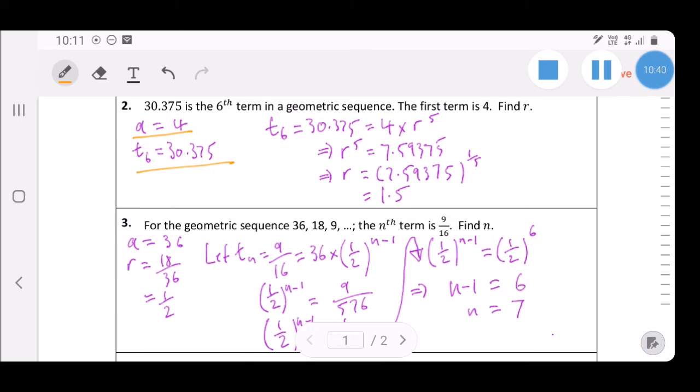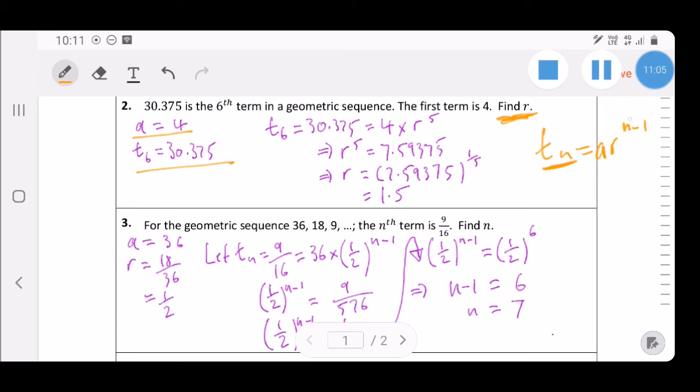And I'm just going to scribble over to the side here because we also have a formula. Tn equals AR to the n minus 1. Now, what are we actually after here? We are after R. That's what we're being asked for. We have the nth term, or we have a term. We have T6.